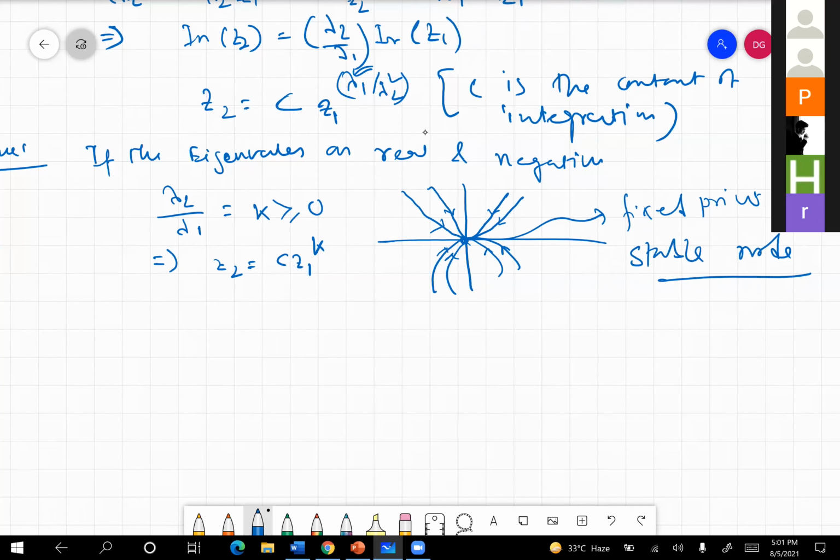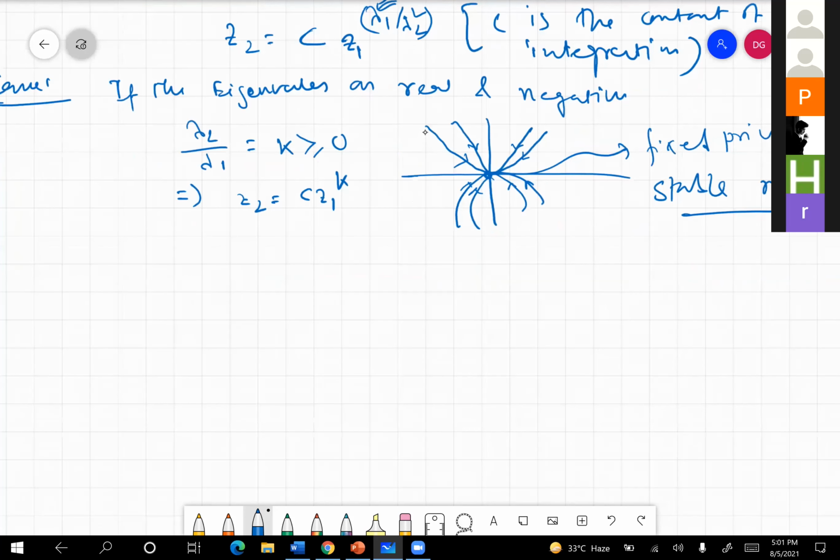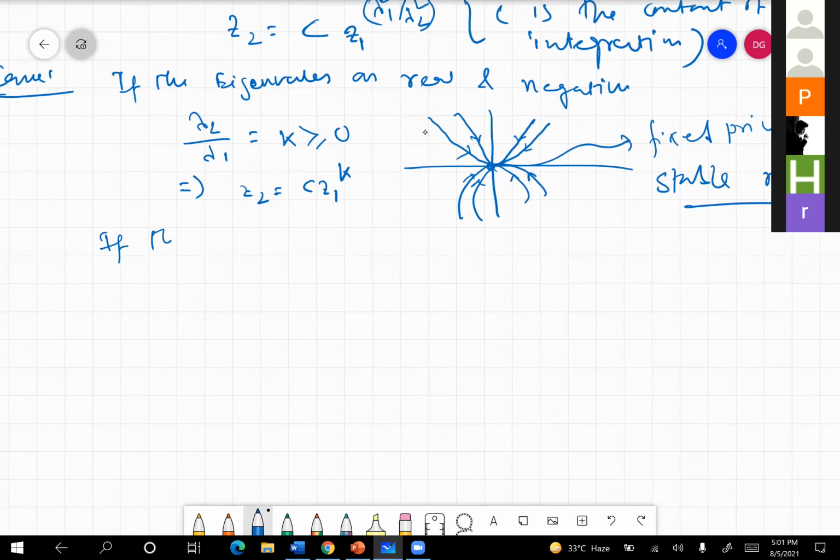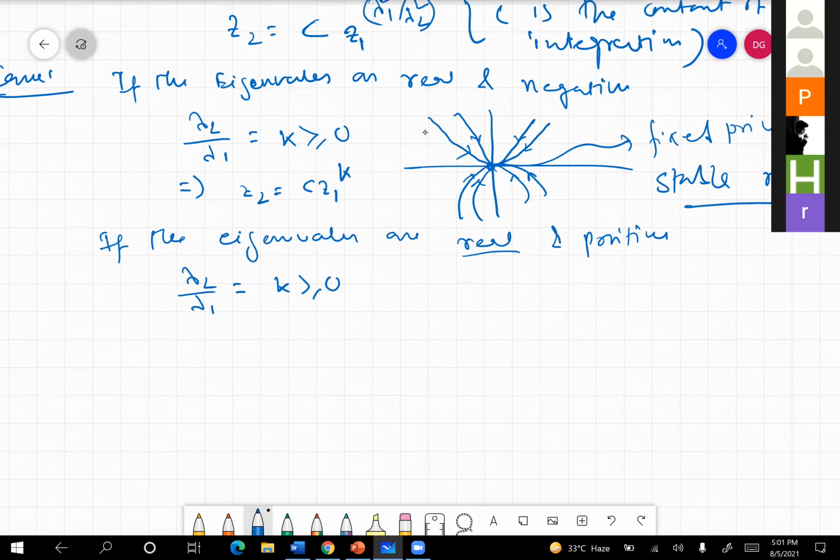Now let's consider if the eigenvalues are real and positive. You can write k greater than 0, but please remember the eigenvalues are real and positive.